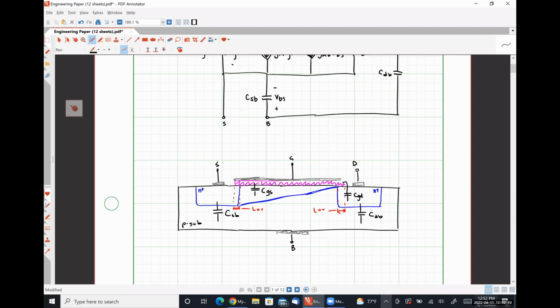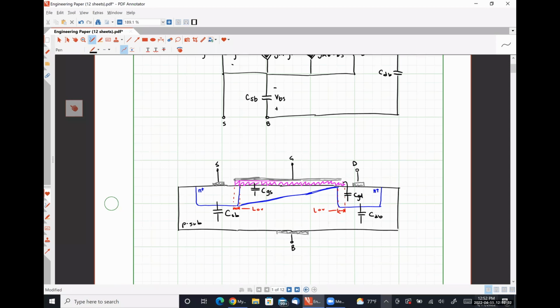There would not be a PN junction formed there, so we wouldn't have to worry about another depletion capacitance or anything. Anywho, this is what our NMOS transistor in the saturation mode looks like. These are where the parasitic capacitances come from.